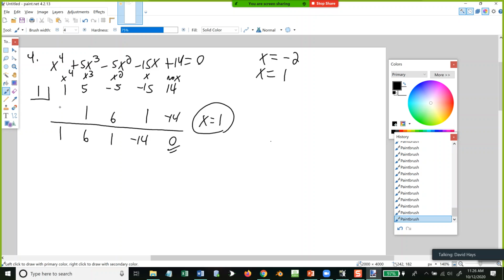Now we started with x to the fourth. We're now down to x to the third, because when you find an answer, it takes it down one more power. Now we're going to plug in our second answer in that line we just found. You don't go back to the original, you plug in the line you just found. Add, multiply, add, multiply, add, multiply, add.